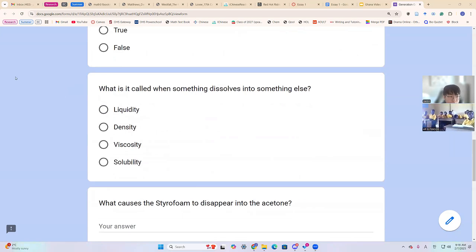Maybe some of you would like to answer this question right here: what is it called when something dissolves into something else? Is it liquidity, density, viscosity, or solubility? When something dissolves into another.